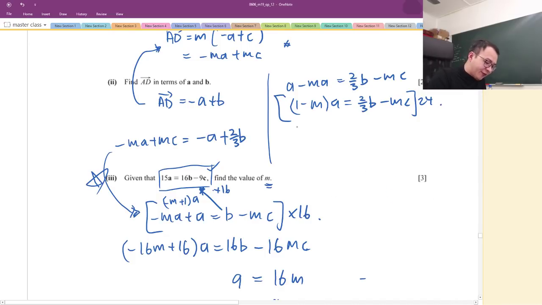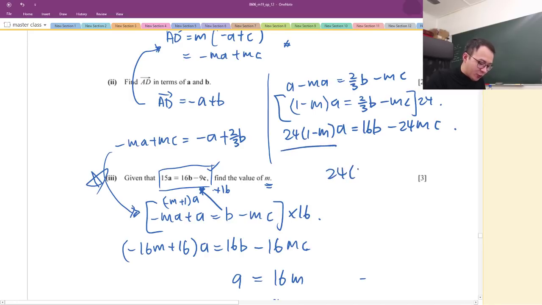So therefore I have 24 times 1 minus m times a equals 16b minus 24mc. Alright, so if I compare a, 24 times 1 minus m equals 15. And 1 minus m equals 15 over 24, which is 5 over 8, divided by 3.